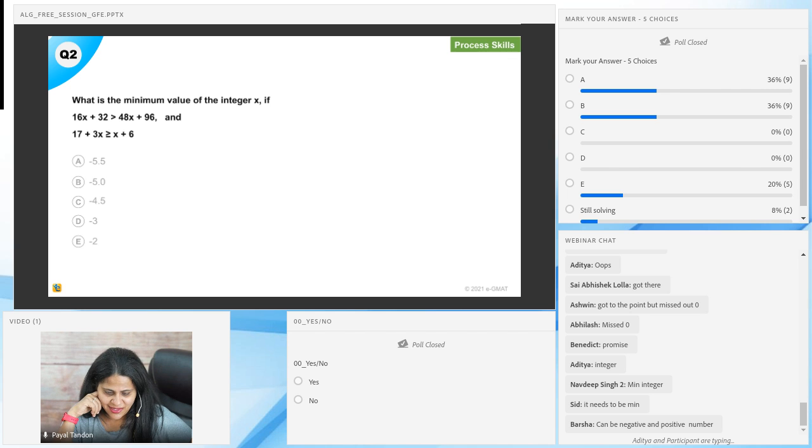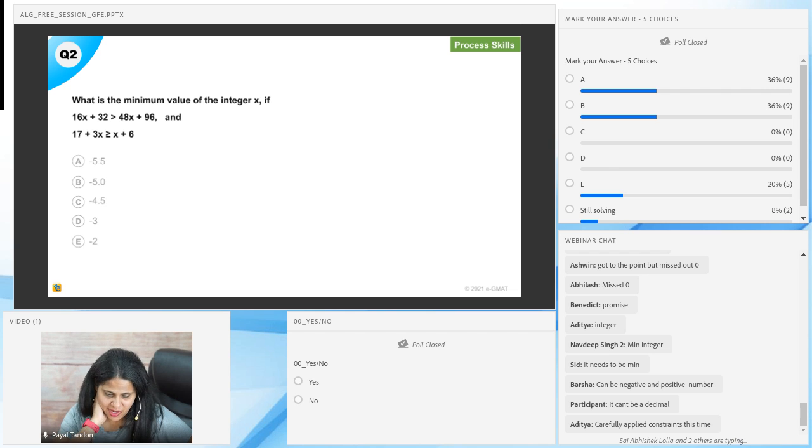Yeah, but how can, so Ankur, Ashwin, Ishika, participant, it can't be a decimal, right? Abhishek, Shivam, Sid, Rohan, right? So how can minimum value of any number, forget about any of the inequalities here, right? So how can minimum value of an integer, the answer to that be negative 5.5? Got it? Got your mistake?